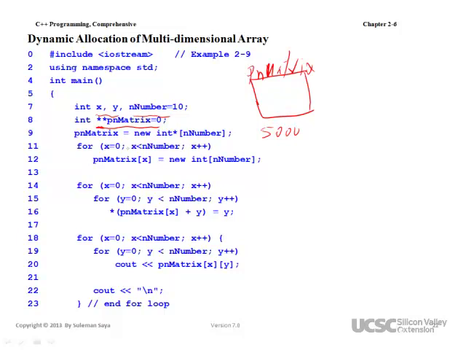At line number 9, what we are doing is allocating an array of pointers. First of all, we already have created PN matrix, and then at line number 9, on the right side of the assignment operator, we are allocating the array of addresses.